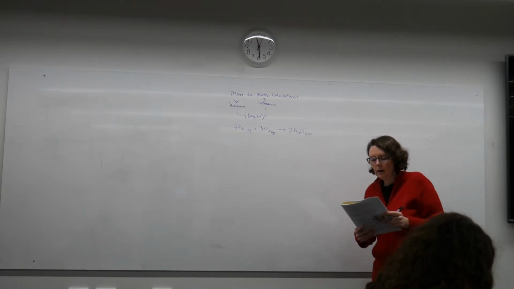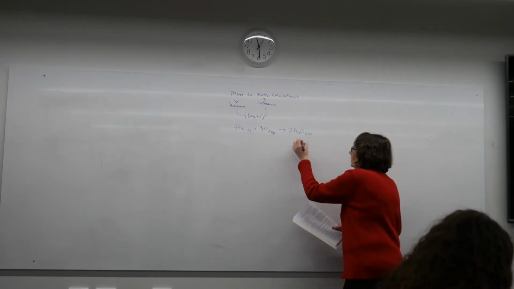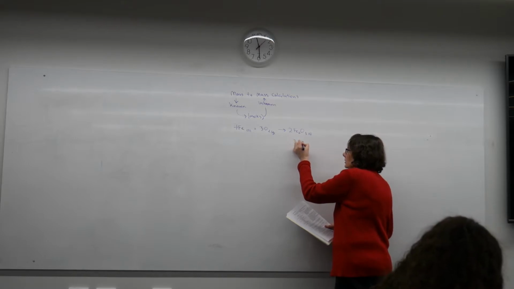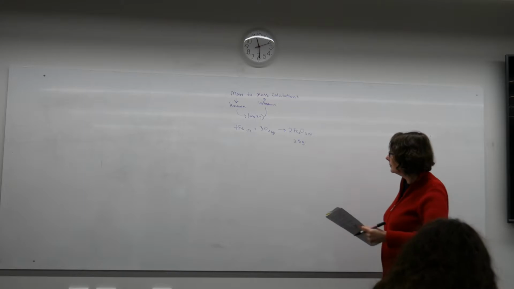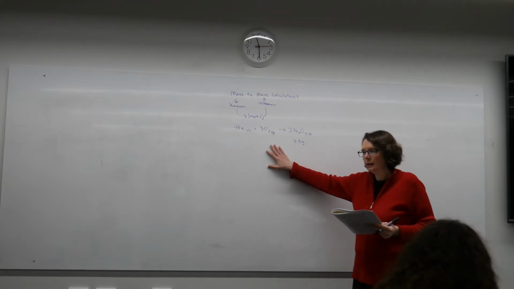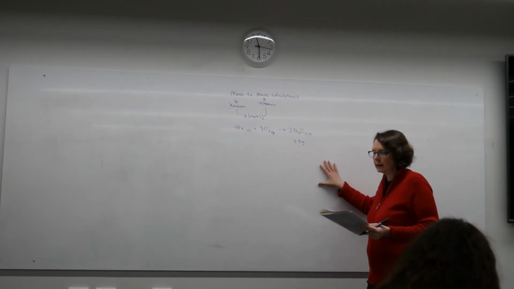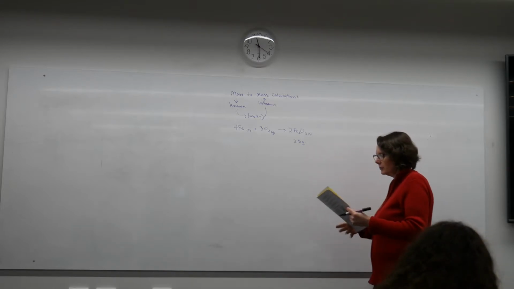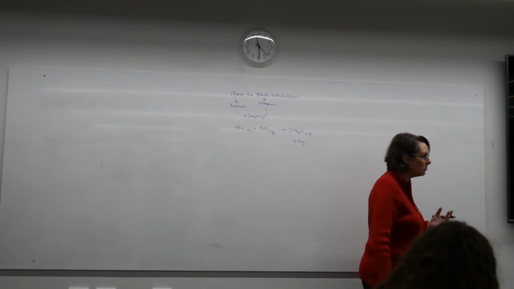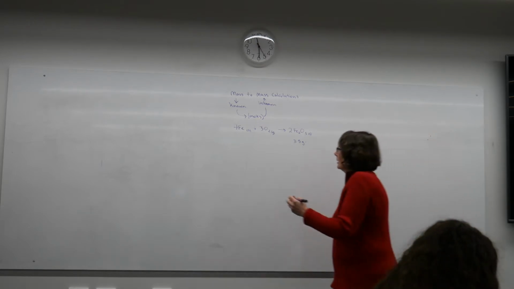We want to produce 3.5 grams. And we know that we can't calculate with just masses, we have to calculate with moles. So if we want 3.5 grams, our first step would be to determine how many moles that's going to be.